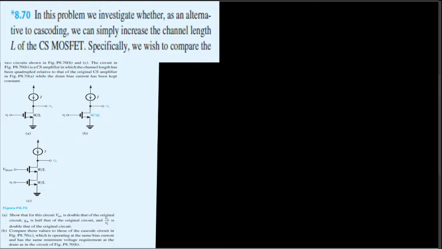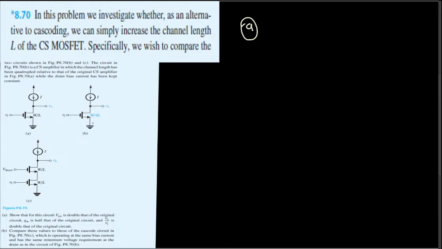So here we are comparing A and B, and first we are going to see the relation between the V overdrive. If you notice, the currents are equal for both of them.